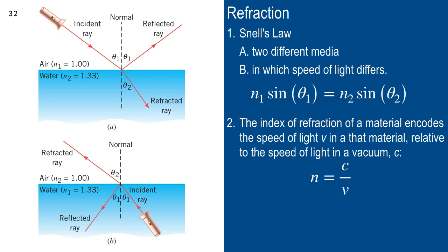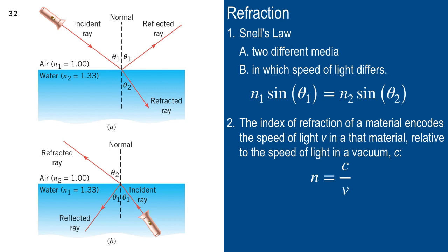For air, we usually use 1.00. It's not a vacuum, but it's pretty close in terms of index of refraction. But water is definitely slower. The speed of light in water is a little bit smaller than the speed of light in air. So n is equal to 1.33.